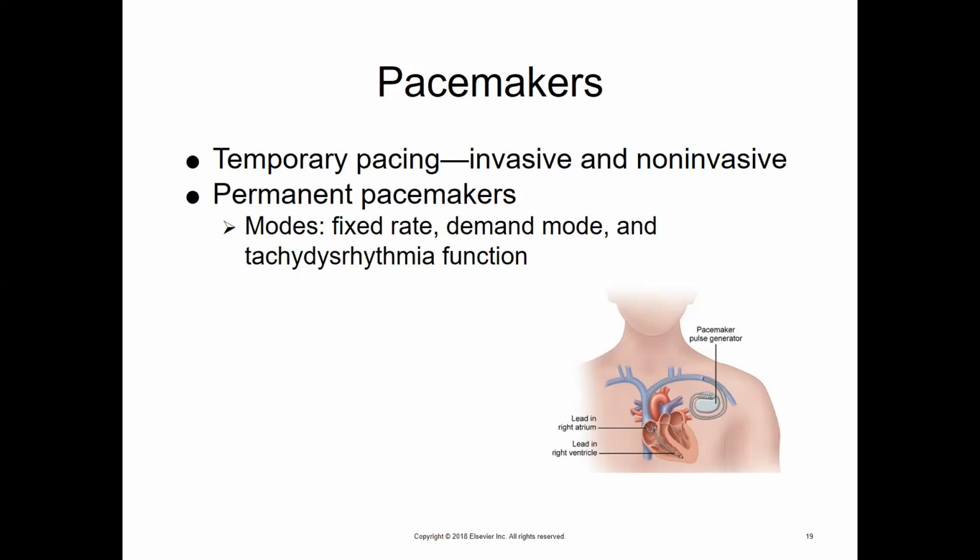Like my mom has a pacemaker, and I think hers is set to fire if her heart rate drops below 60. The only time her pacemaker works is if her heart doesn't pump 60 beats per minute, then it will kick in and pump for her. So just know there are different modes of pacemakers.